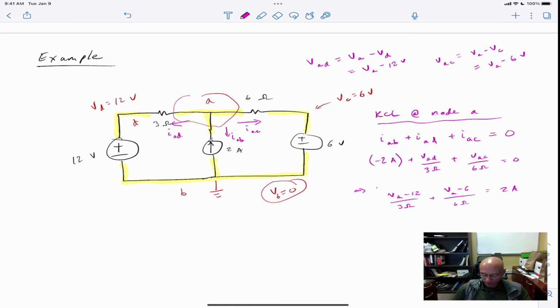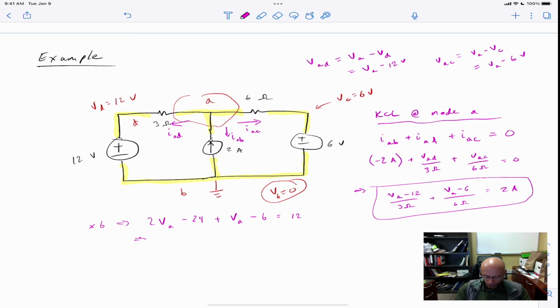And it's clear from this manipulation that we have one equation, one unknown, so that's enough to solve the problem. So I'm going to manually solve this now. I'll multiply everything by 6. That gets us 3VA equals 42, and that gets us VA equals 14 volts.